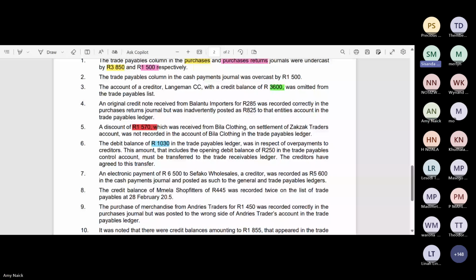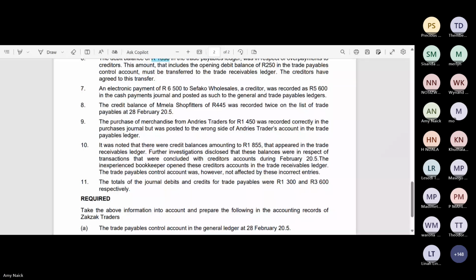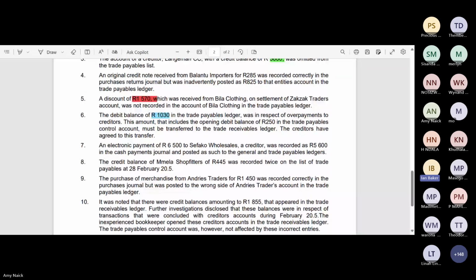There's also one from Ian Baker. Before you go through to transaction number 7, can you please go back to number 6 and explain it again once more? I'm lost there. I didn't know what happened to 1080 and 250. So please elaborate a little bit.